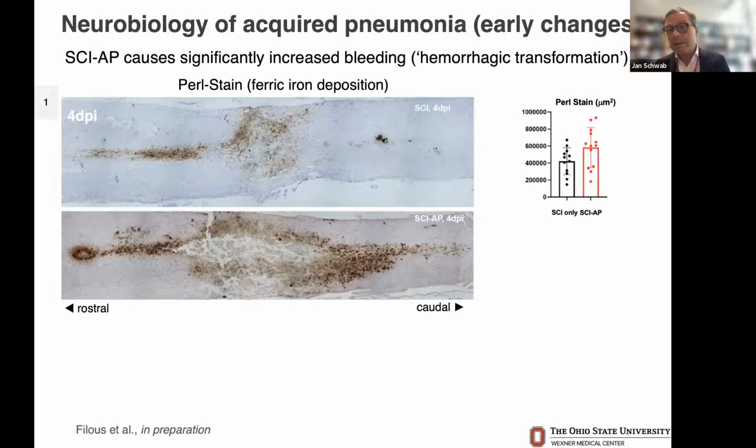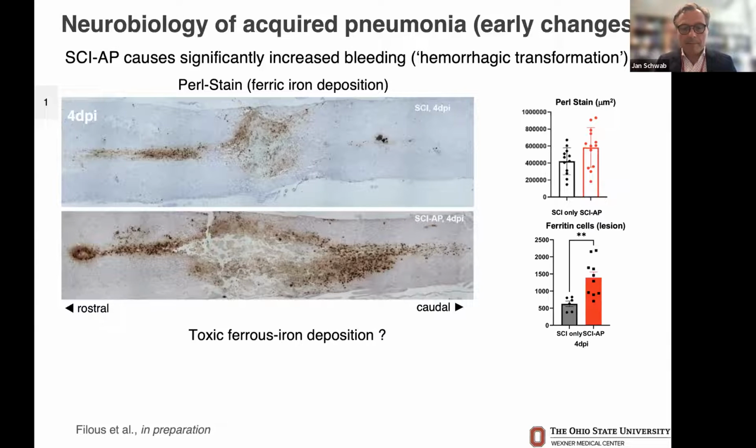In a way, this is a rebleed of the old lesion. And we wanted to know also whether more toxic iron components are deposited. So we looked for ferrous iron deposition with ferritin cells, which is very much mirroring what we already saw with the Perls stain.